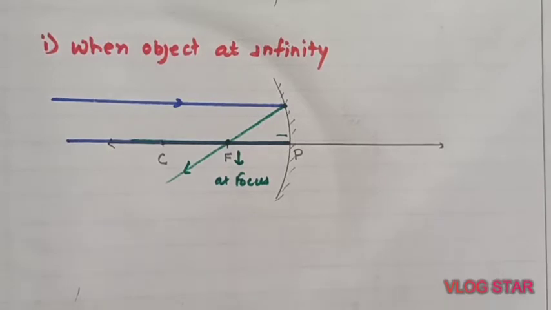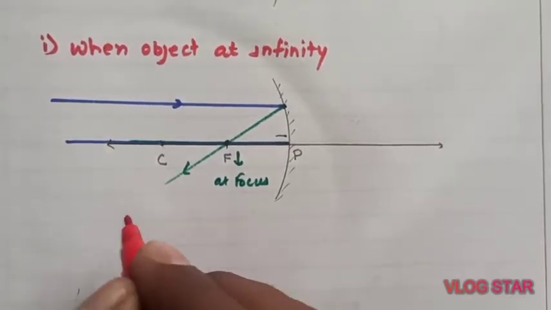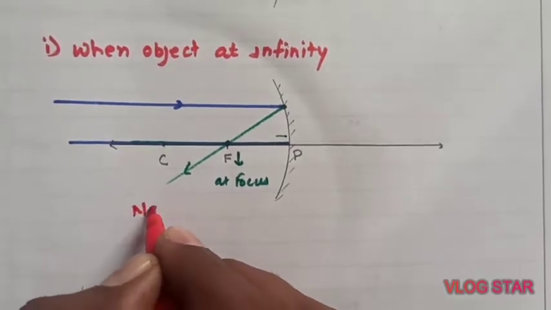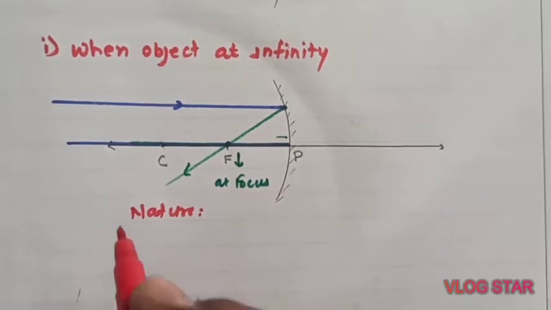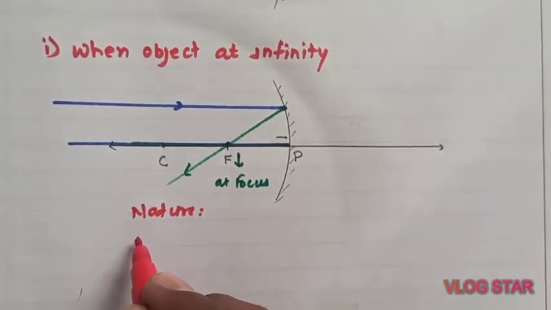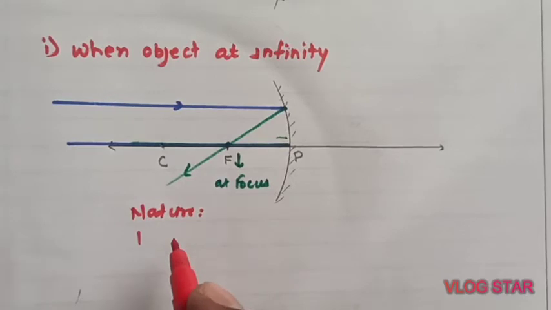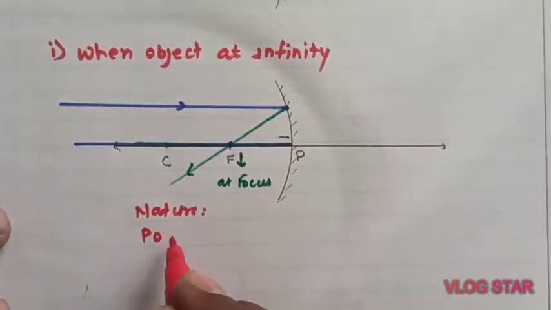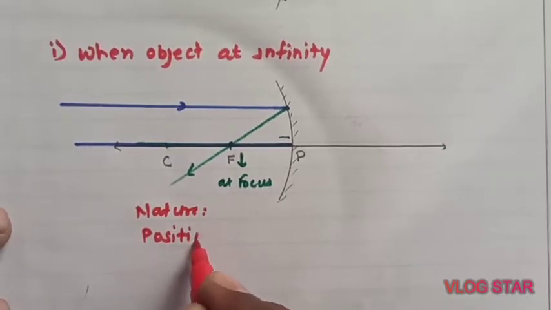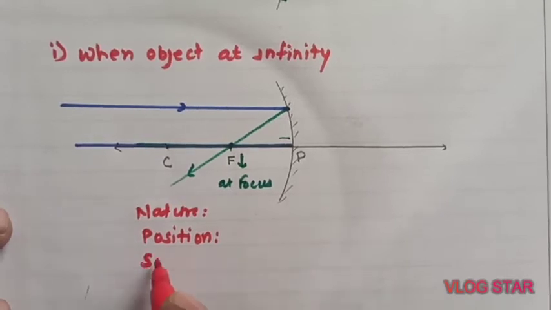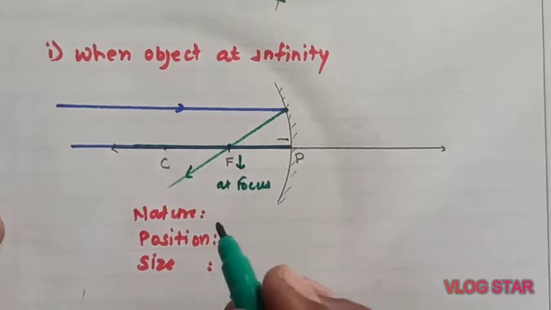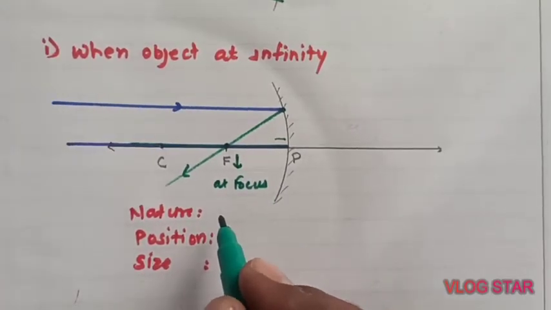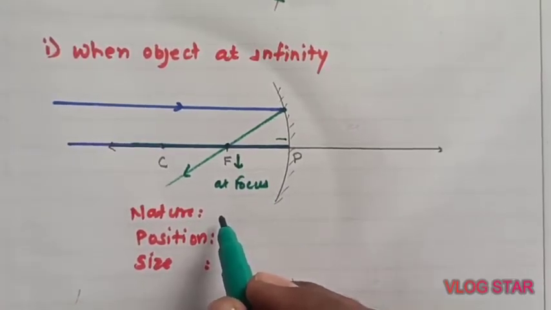Now you have to answer 3 questions. What is the nature? For every image you have to discuss its nature. Secondly, size and position. So first we will write position, and third, size. I have given a pair of words to you. While telling the nature, you have to tell whether it is real or inverted.